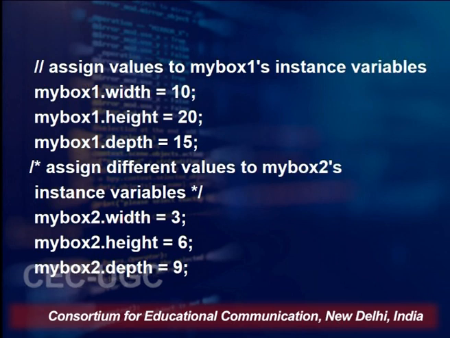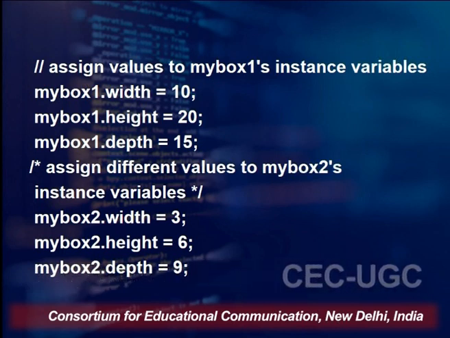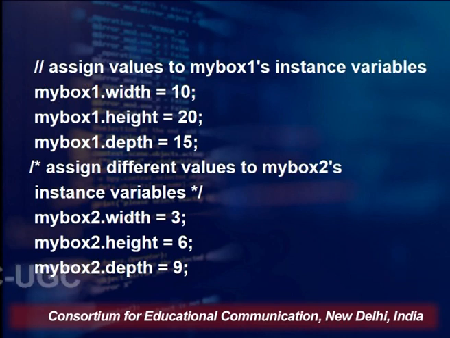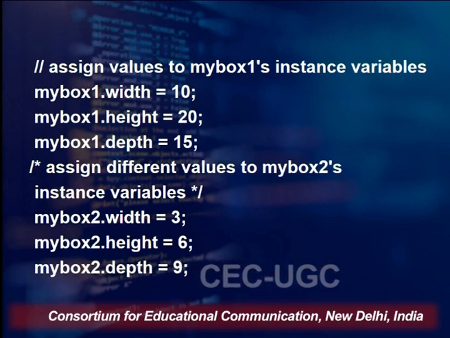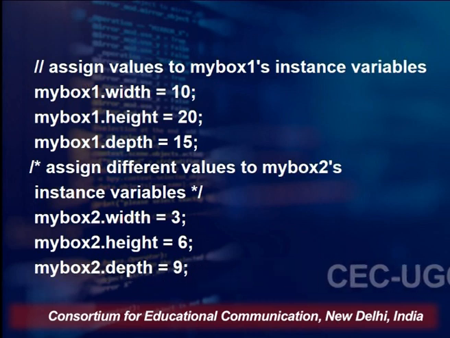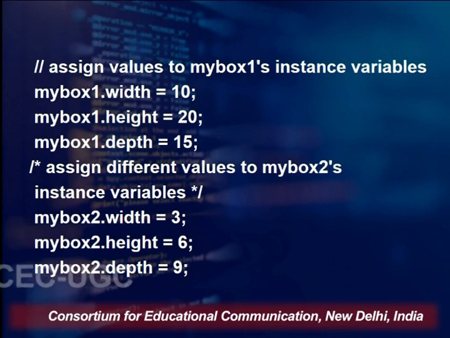When we want to assign different values to the instance variables of myBox2, we refer to myBox2. So myBox2.width equals 3, or anything you want. myBox2.height equals 6, and myBox2.depth equals 9.